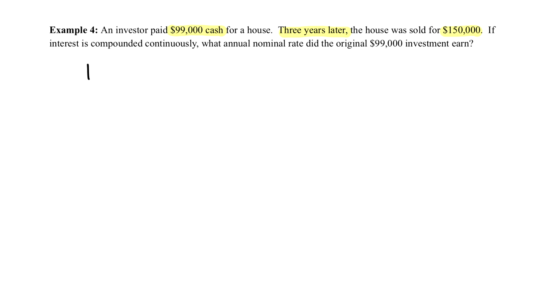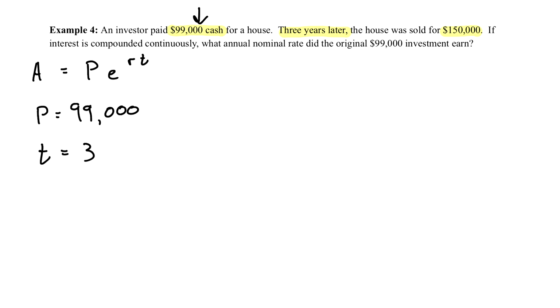So again, I'm thinking about my continuous compound interest formula, which says A equals P times e raised to the rt. If I think about what I know for this particular problem, I started by investing $99,000 into this house. So that's my initial investment. P is 99,000. 3 years later, so I had my investment for 3 years, so that's my t is equal to 3.